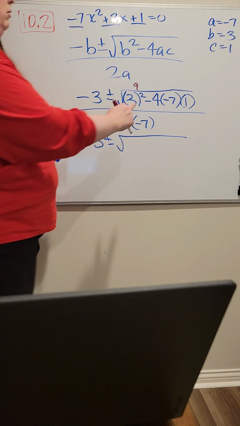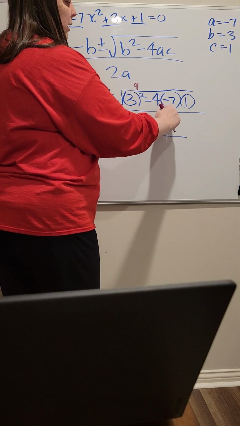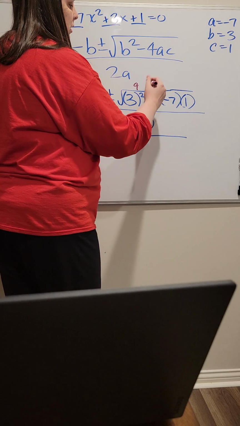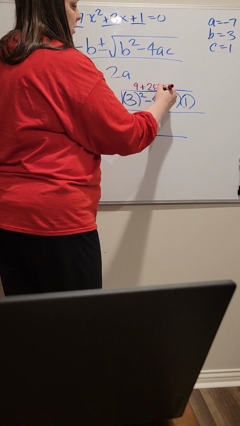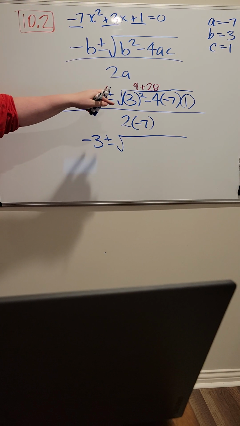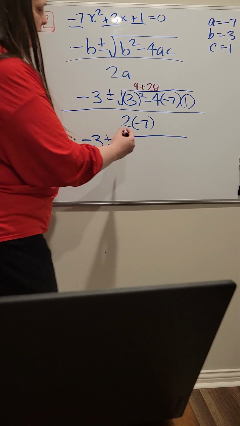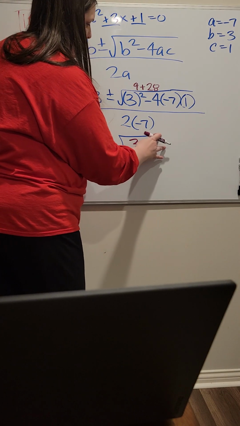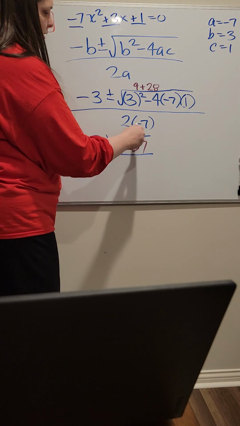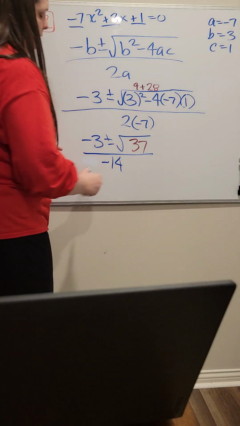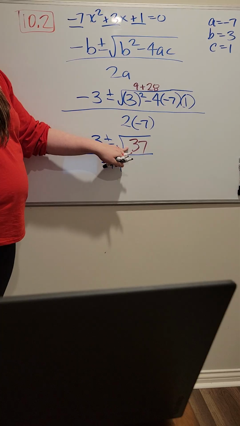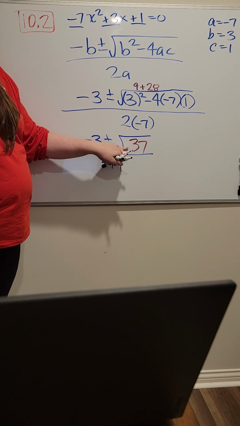So usually I just do, in my head, negative 4 times negative 7 is positive 28, times 1 is still positive 28. Okay. 9 and 28 is 37. It's way too long. And then 2 times negative 7 is negative 14. 37 isn't going to simplify, but if you could, you should.